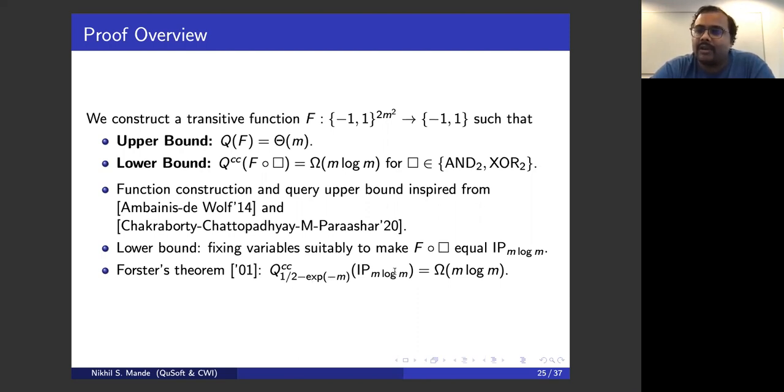So the unbounded error communication complexity of inner product m log m is maximal. And Alice and Bob are going to use a local reduction to convert an input to inner product m log m to f composed with square for any square in AND 2 or XOR 2.